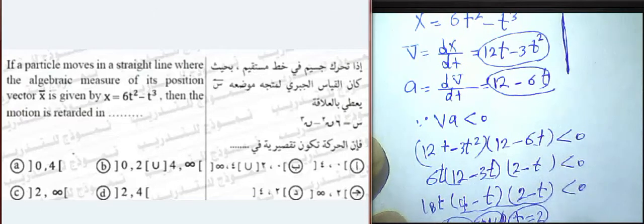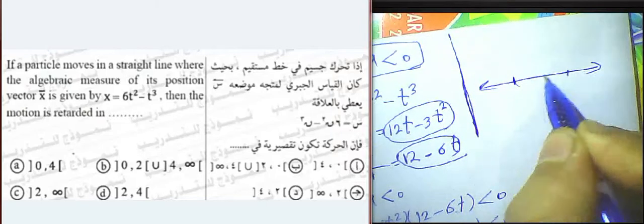We have here t equal 0, or t equal 4, or t equal 2. We can solve this equation.